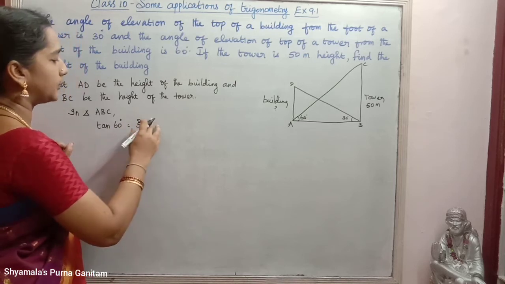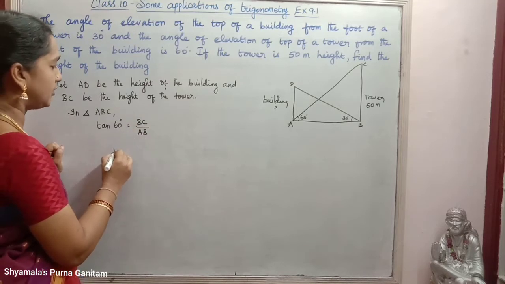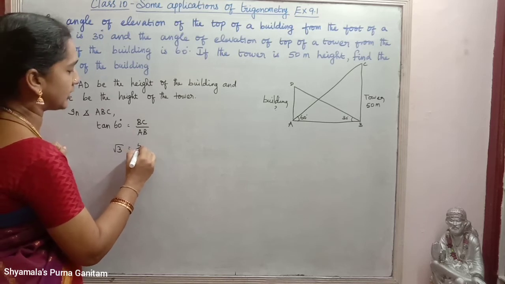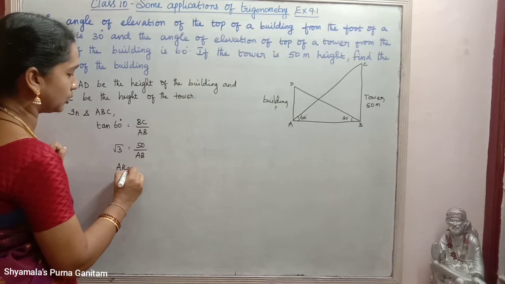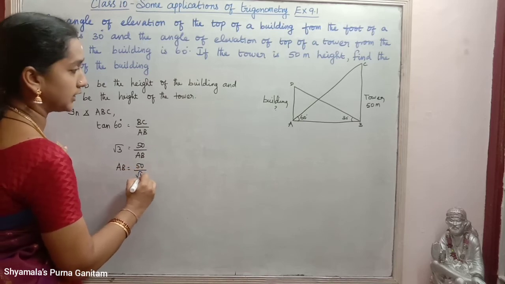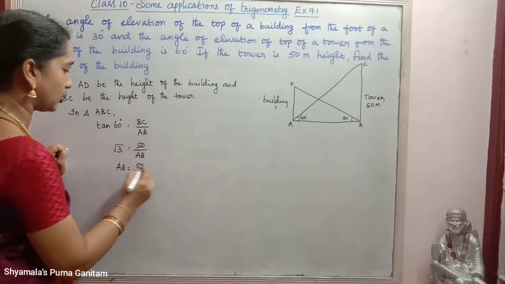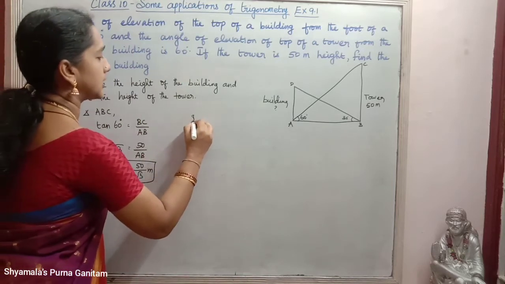We know that tan 60 is root 3, equal to BC value, which is given as 50, by AB. So AB is equal to 50 by root 3. This distance we got as 50 by root 3 meter. This is AB.